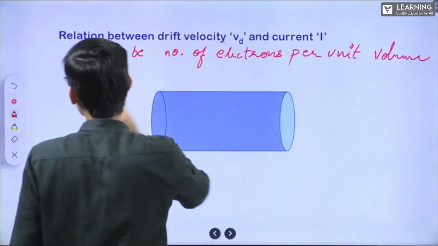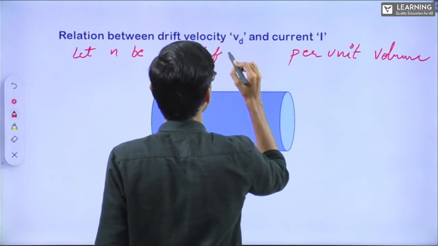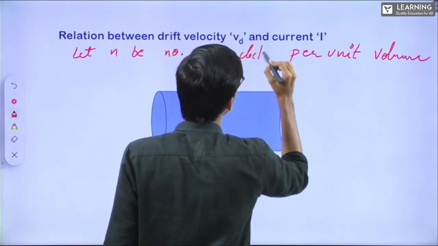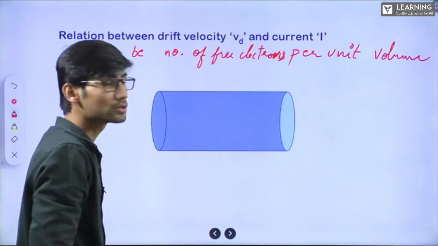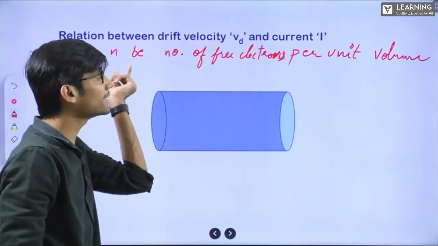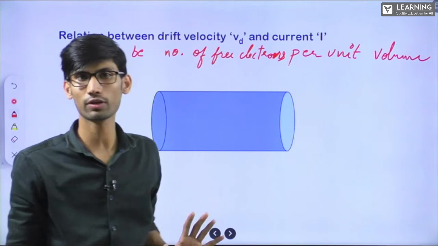This is the number of free electrons. This is a conductor. It is an ocean of free electrons. There will be a lot of free electrons. What we have considered is n is the number of electrons per unit volume. So in 1 unit volume, these many electrons will be there.